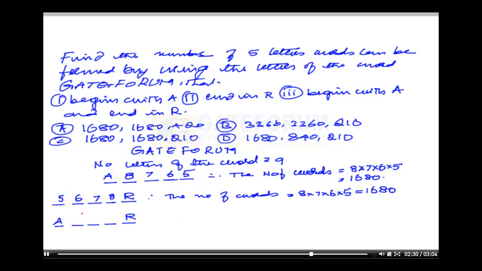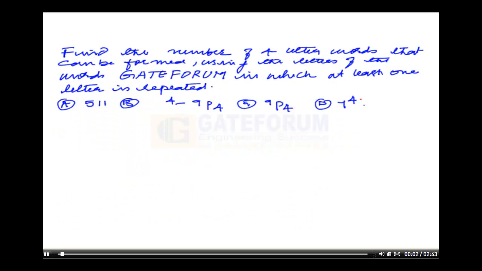These can be filled: any one of the 7 letters here, any one of the 6, and any one of the 5. Therefore, the number of words that begin with A and end in R would be 7 into 6 into 5, that is 30 into 7, 210. So totally 210 words are there here.